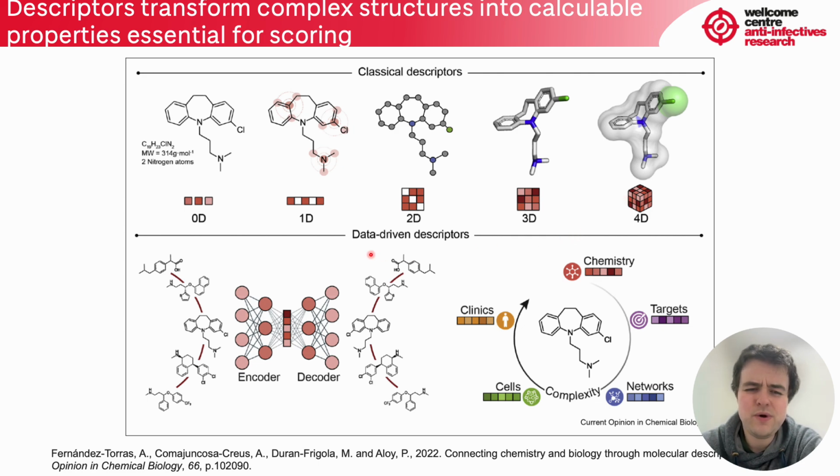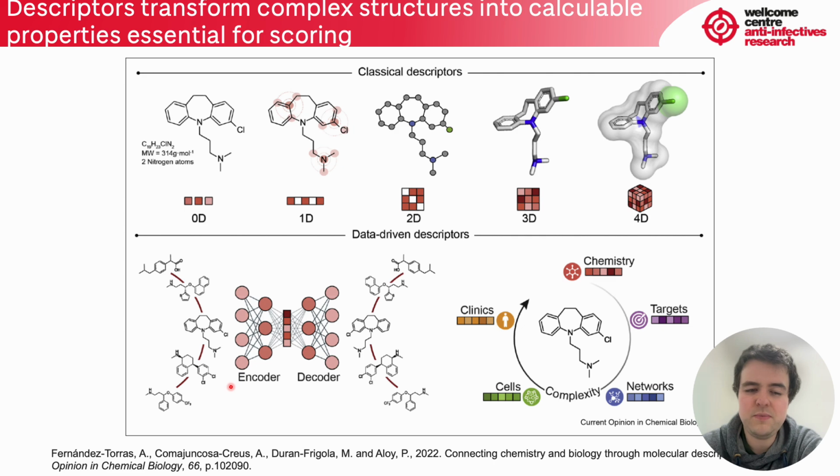A newer approach is thinking past this and thinking about data-driven descriptors. In a data-driven descriptor, we are using, for example, a neural network where we attempt to encode molecules in a latent space, and then we use that latent space to decode from that initial vector in the center here to our chemical structure.